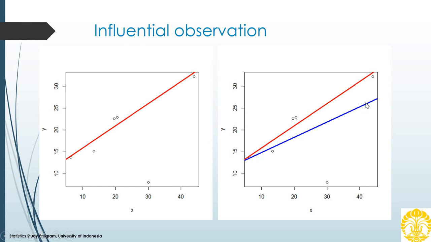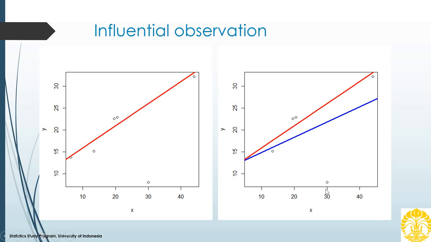We can see that just because of this one data point, the fitted value changes. I mean that the beta changes quite significantly. See, the slope of the line is decreased quite a lot.